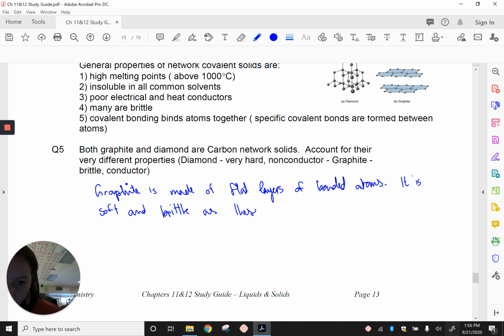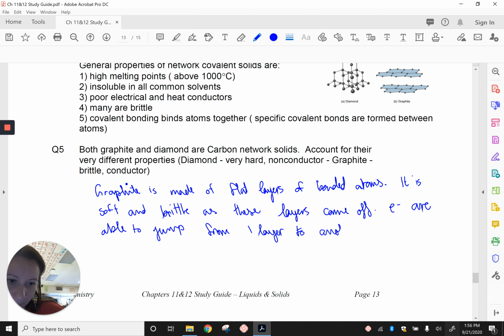As these layers come off, electrons are able to jump from one layer to another to allow conductivity.